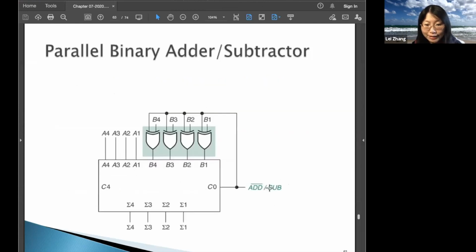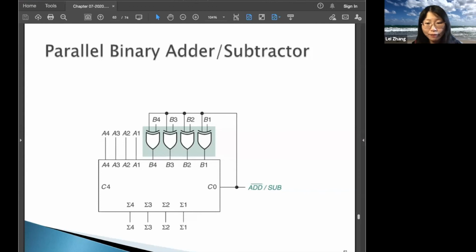So ADD over bar is 0, which means it's an adder. The 0 goes into the carry in, and then we are adding B's true form to A. It's very simple, straightforward.